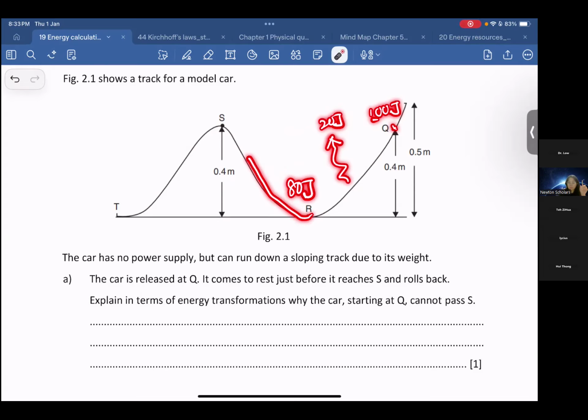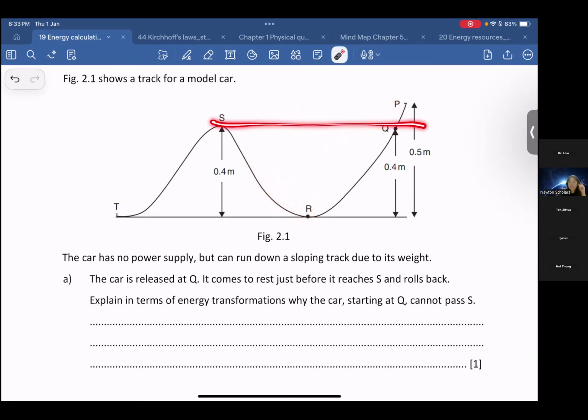If you can go to point S, at exactly the same height, that means the energy here equals the energy at that position. Since it does not reach point S, there must be some energy lost due to friction. Okay, energy cannot be created, so it cannot go higher than the origin. Saying no friction to cause the loss of energy, the first sentence, is not correct.